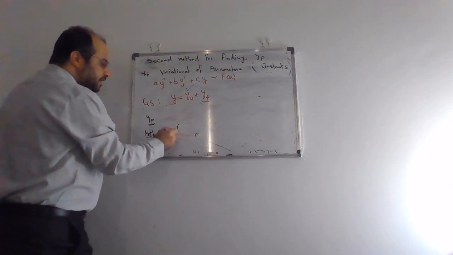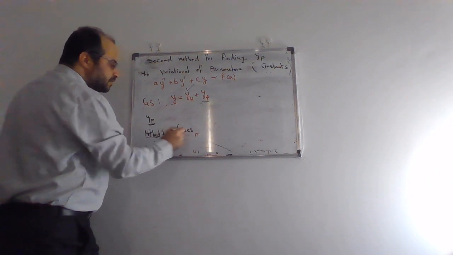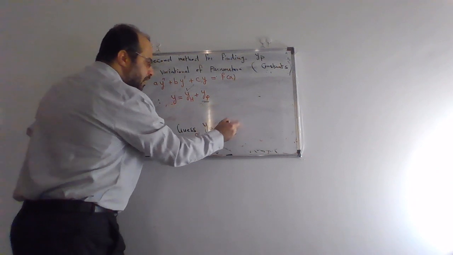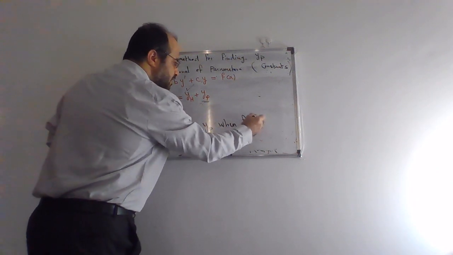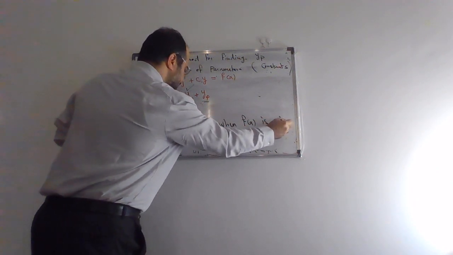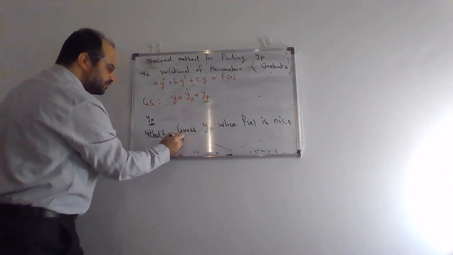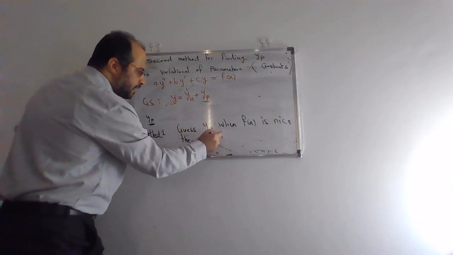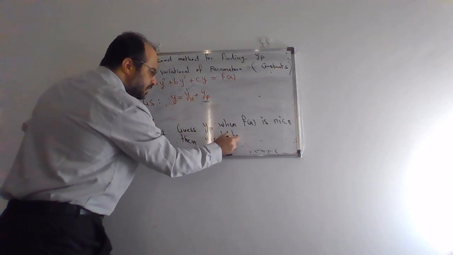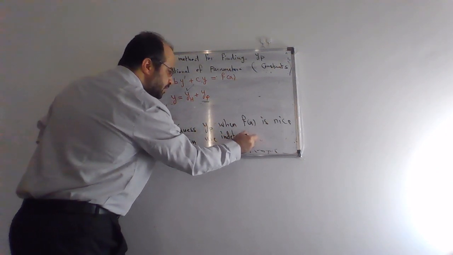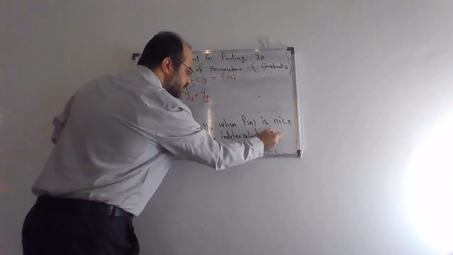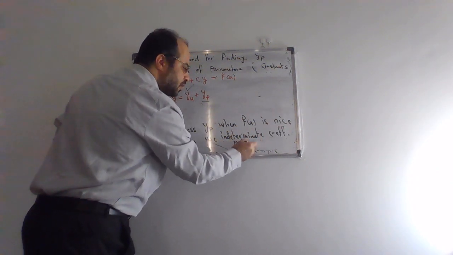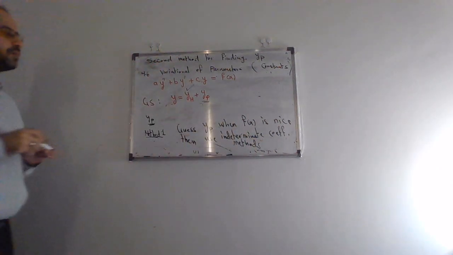It is to guess y particular when f is nice, and then use the indeterminate coefficient method to find your constants in y particular.